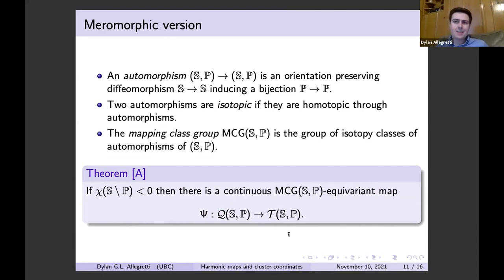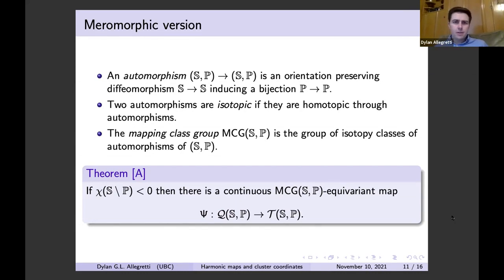So it works exactly the same way as the Hitchin-Wolf result, but now we allow our quadratic differentials to have poles of order at most 2. In fact, that can be generalized, but I won't discuss that. So that's a meromorphic version of this classical result of Hitchin and Wolf.